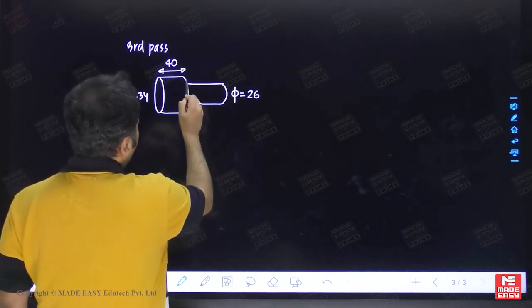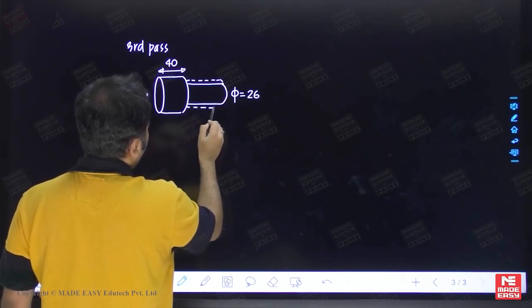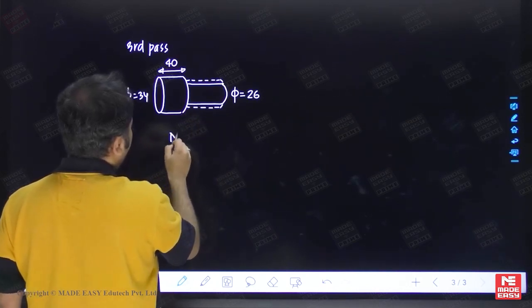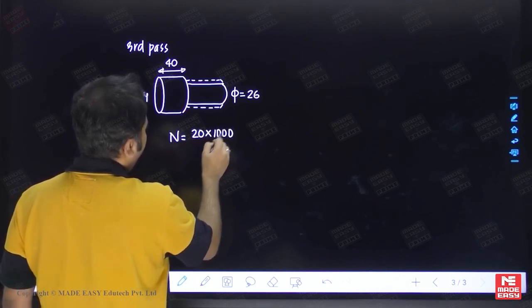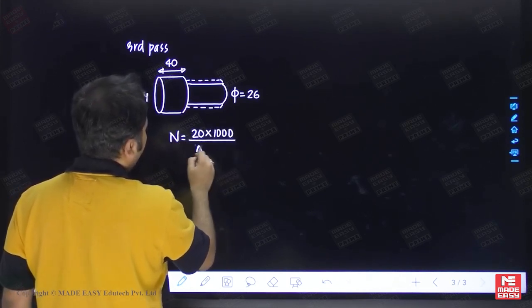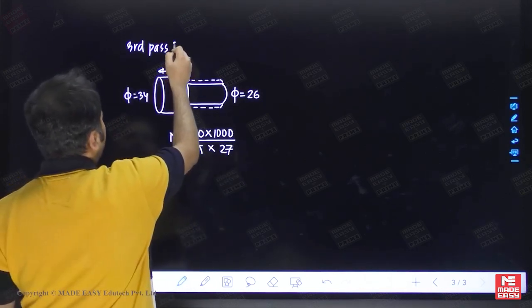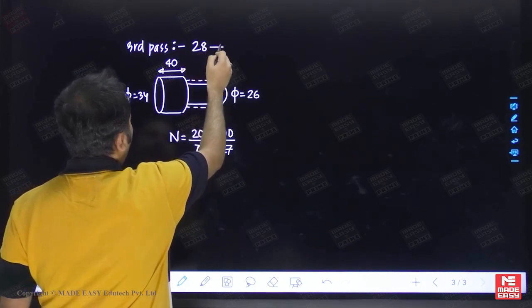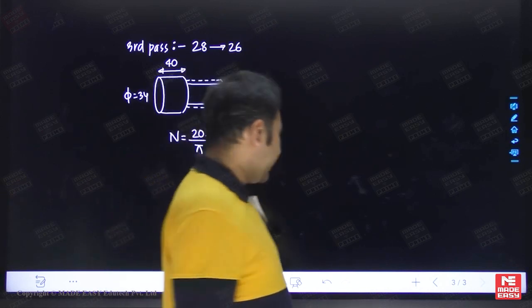Calculation of n is very important. So for every pass the calculation of spindle speed has to be there. Average dia will be 27, because in the third pass we are reducing the diameter from 28 to 26.